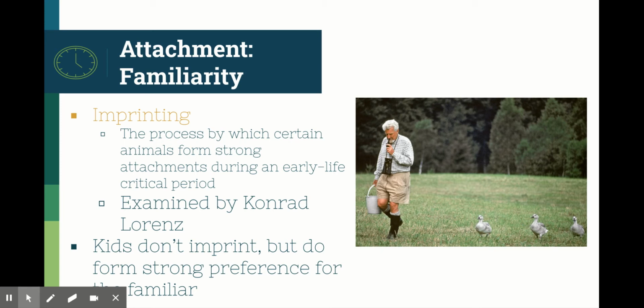So while human children don't imprint in the same way, they do form strong preferences for those people that are familiar to them. So if you've been around a younger sibling or a cousin, you know generally that the child favors that caregiver that they've spent more time around that's more familiar to them.